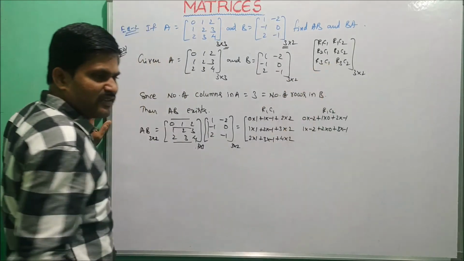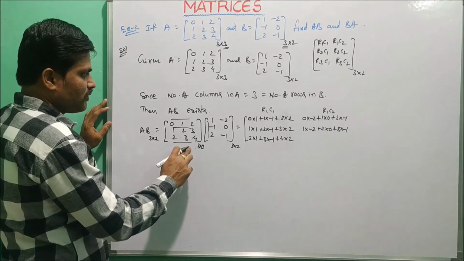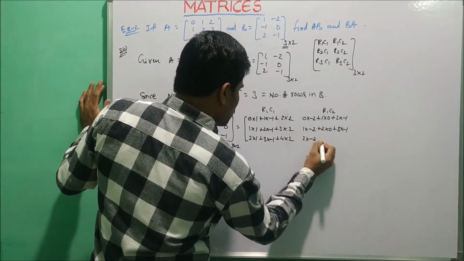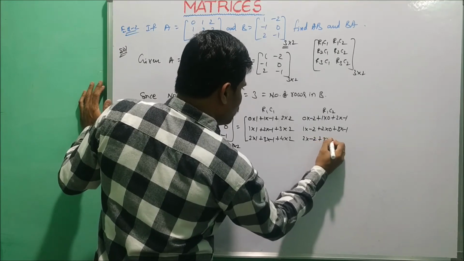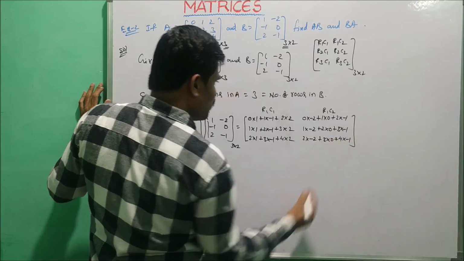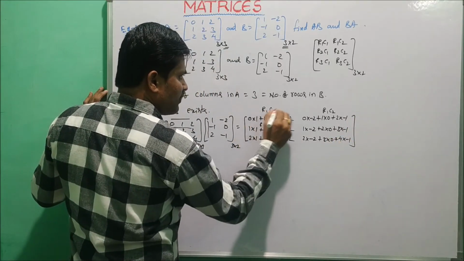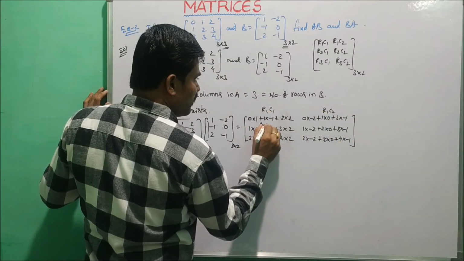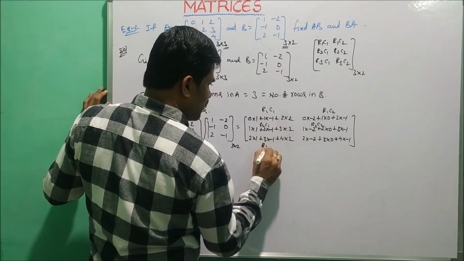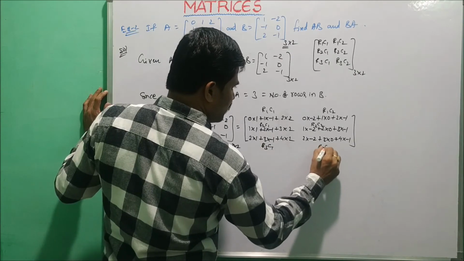Then R3C2, third row, second column: 2 into -2 plus 3 into 0 plus 4 into -1. So this is R1C1, R1C2, R2C1, R2C2, R3C1, R3C2.